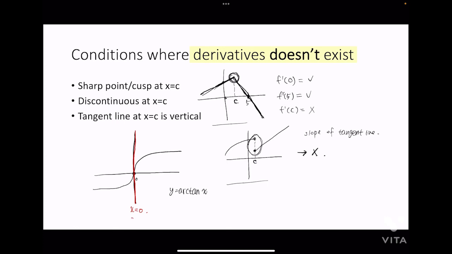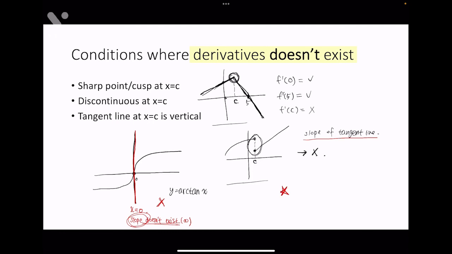Or the slope doesn't exist. Or maybe it's infinite. We just said when we calculate derivatives, we are trying to get the slope of a tangent line. But here, the slope doesn't exist. And that's why, in this case also, the derivative doesn't exist. You should remember this.